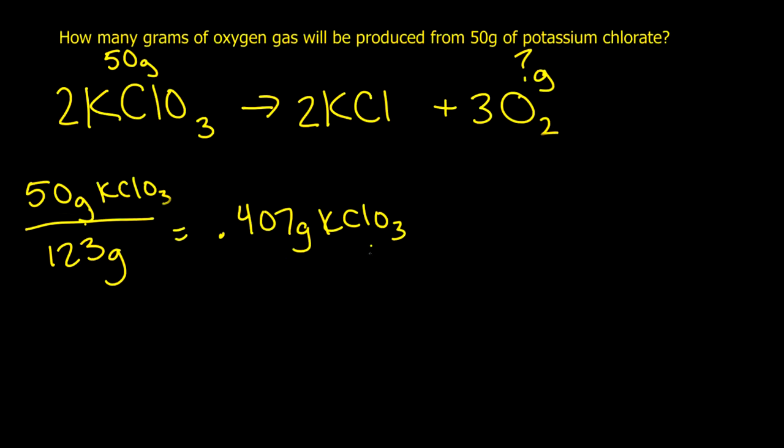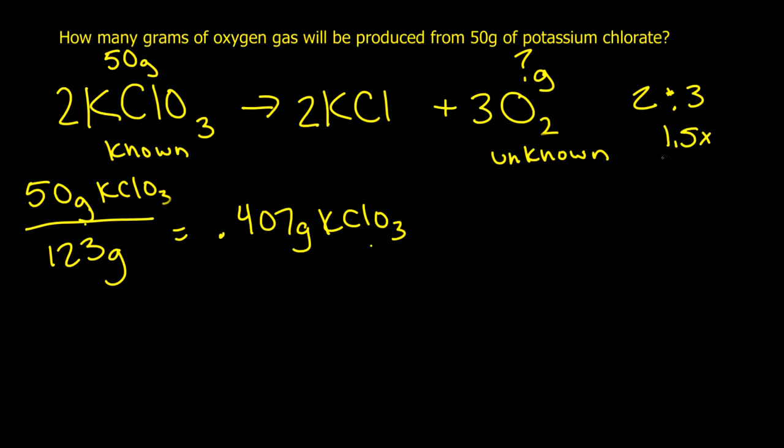Now I've got to multiply by the ratio. What's the ratio? Well, the ratio is always the known to the unknown. So it's a 2 to 3 ratio. In order to find the multiple of a ratio, divide the right number by the left number. So 3 divided by 2 is 1.5.